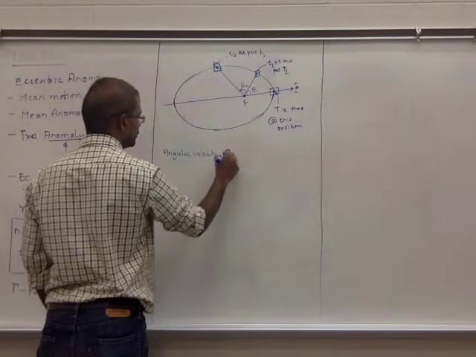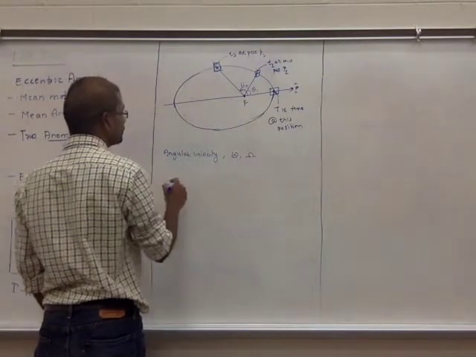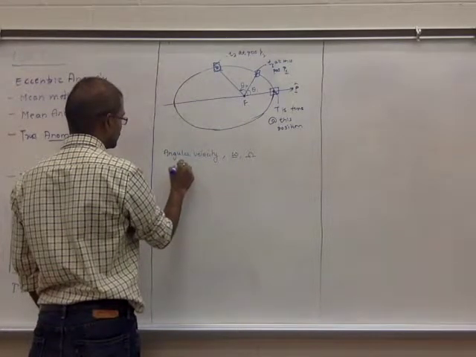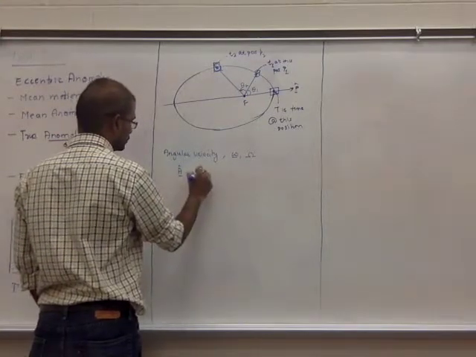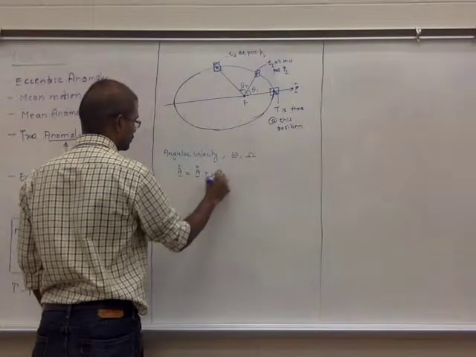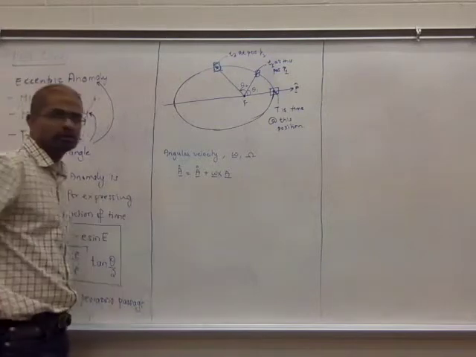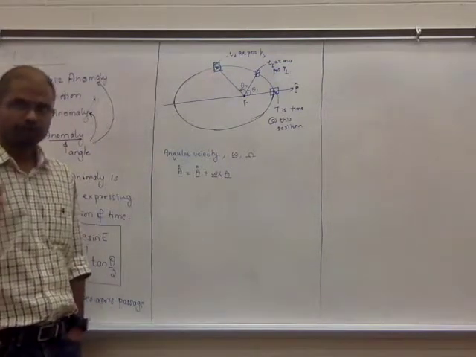We use simply this omega. You have to remember this equation: E dot is equal to A square dot plus omega cross A. You remember this? So here this omega is the angular velocity of the frame.